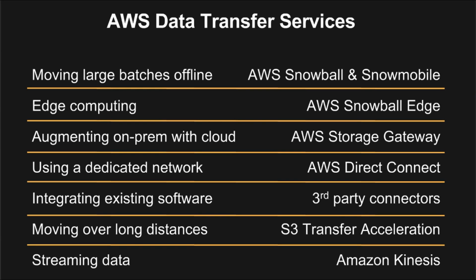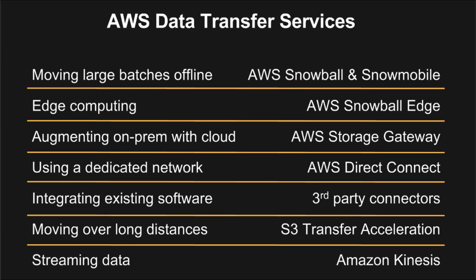Those are offline processes where you write the data and then the data gets transferred. We of course have our Snowball Edge that was announced at re:Invent last November. That is similar to the Snowball, we'll talk about it, but also provides edge computing. So if you need the edge computing functionality, you would use the Snowball Edge.